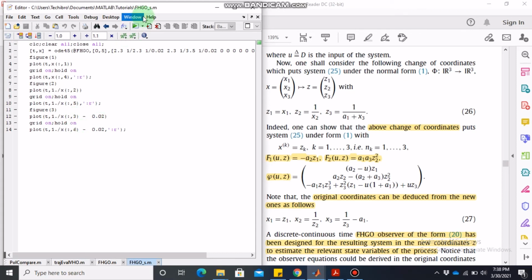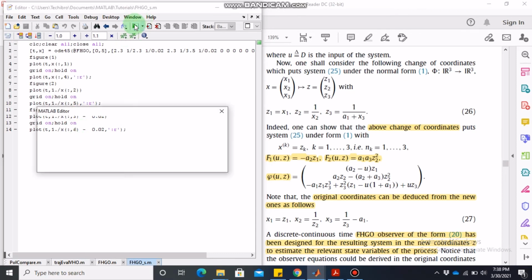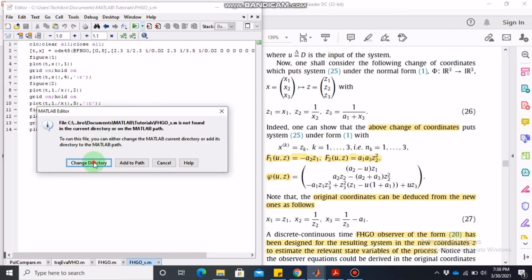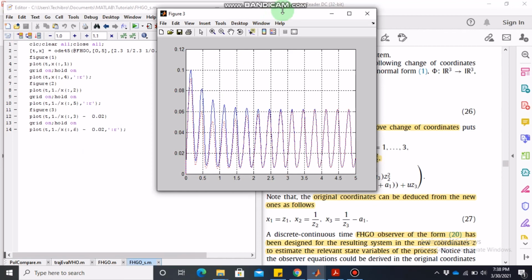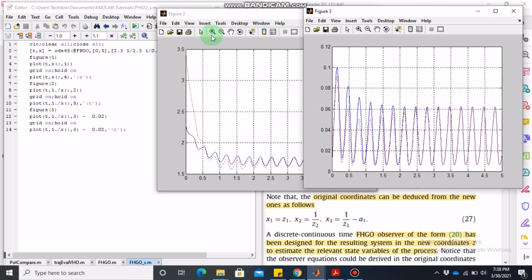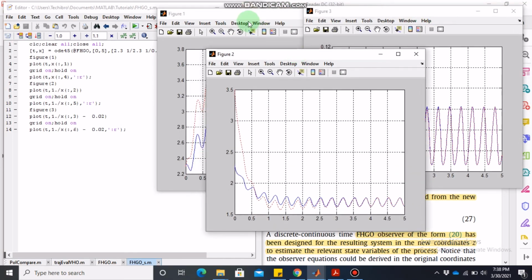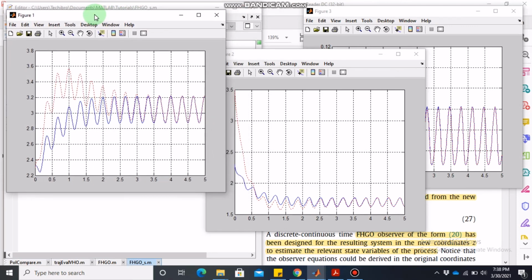So if I run this file, after changing the directory, these are the results. These are the results of x1. The blue line is the state variable x1, and the dotted red line is the estimate of x1.